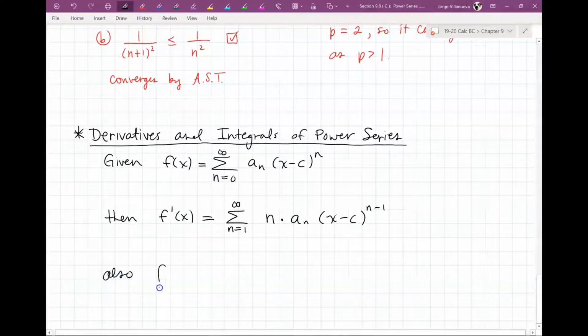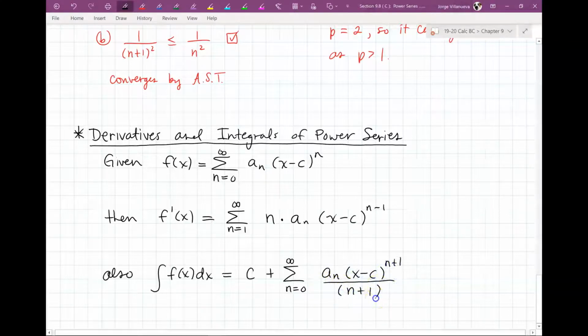We're going to have the integral of f of x dx equal to c plus, notice they include the constant of integration, the sum from n equals 0 to infinity, and then it's going to be a sub n times (x minus c) to the n plus 1 over n plus 1. I guess I don't have to put the parentheses around that little piece.